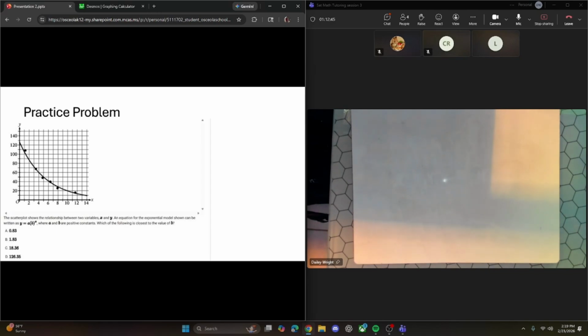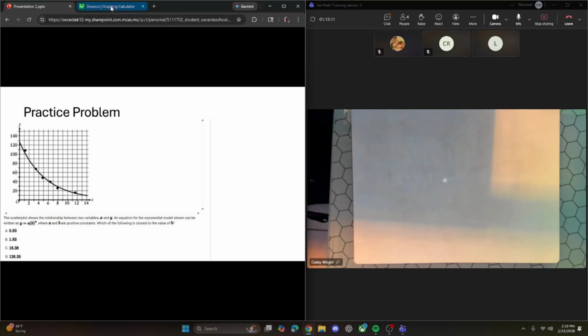The scatter plot shows the relationship between two variables, x and y. An equation for the exponential model shown can be written as y equals a times b to the x, where a and b are positive constants. Which of the following is the closest value of b? So, we can just set a as an estimate just to make our graph look kind of close to this graph.